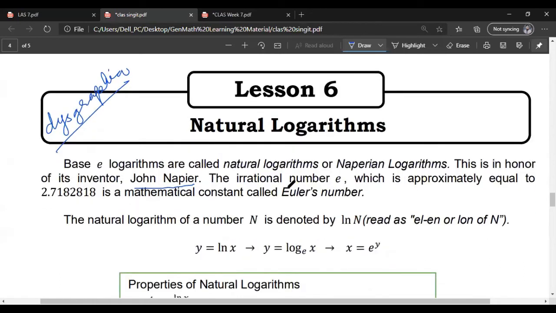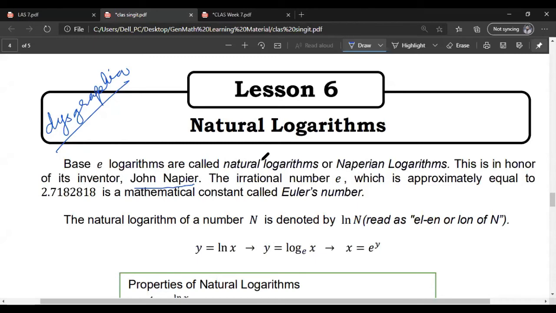Okay. So base e logarithms are called natural logarithms or the Naperian logarithms, as I've said a while ago. It is to honor its inventor, John Napier. And as I've said earlier, John Napier has dysgraphia. Hindi ako sure kung siya ba yun, pero parang pagkakaalala ko, siya nga ata. Amazing yung dysgraphia niya.